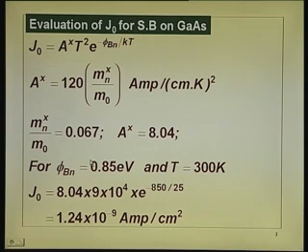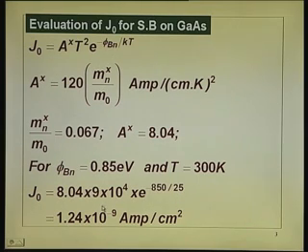Now, if the barrier height phi b n is 0.85, which is usually the value obtained for gallium arsenide on an N type substrate, then at temperature T, J naught equals that A star, which is 8.04, multiplied by T square, 300 degrees Kelvin square, multiplied by e to the power of minus phi b n by k T, 25 millivolts, 850 millielectron volts.